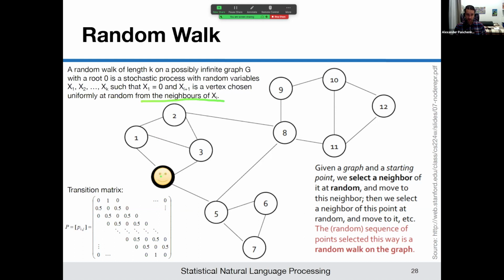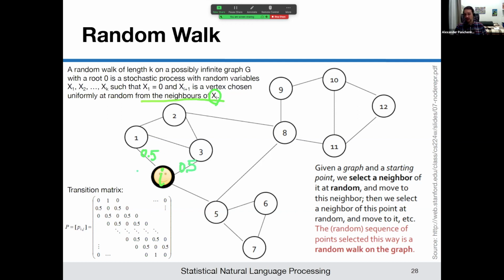Let's say we have this node, and then you have a random variable associated with this node, and then you have only two nodes associated with this one, and there might be some probability associated with each of these edges.